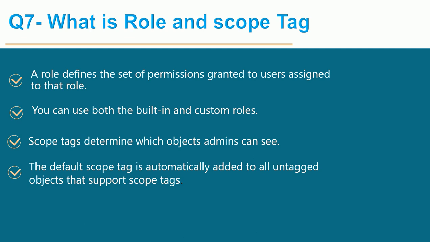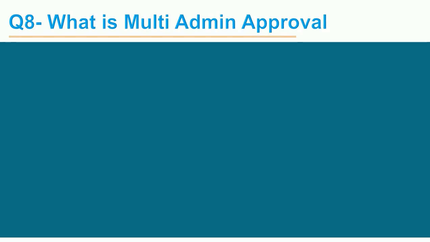So if you have not assigned any tag to a device, that untagged device can be viewed by all admins, readers, or all users. But if you assign a tag and you assign the roles, only users with that specific role can see the devices. So that's the combination between scope and tag.